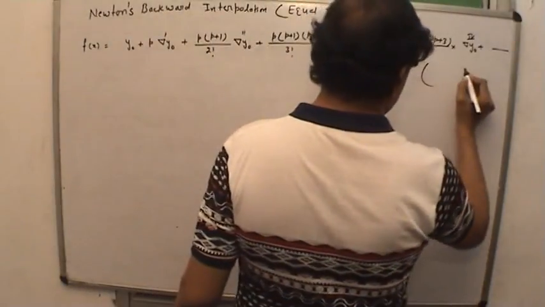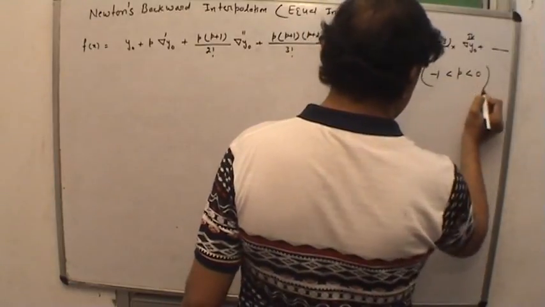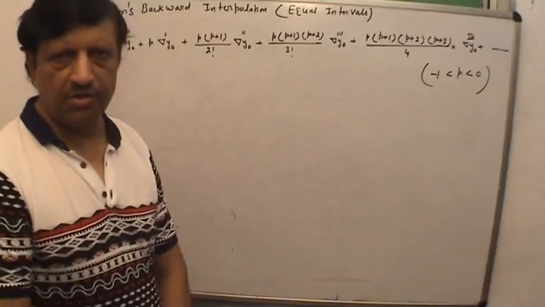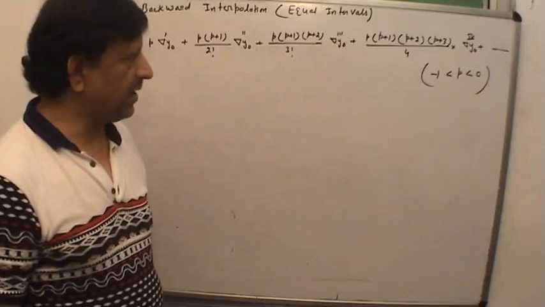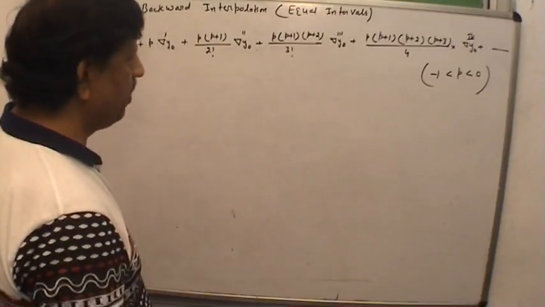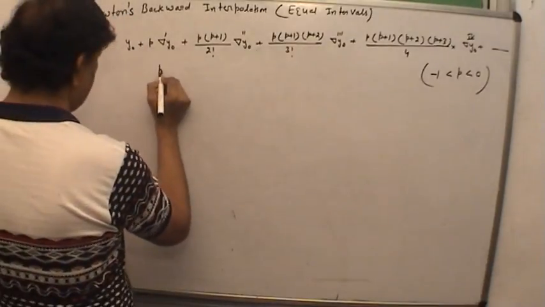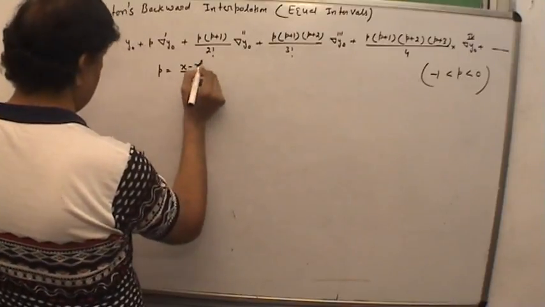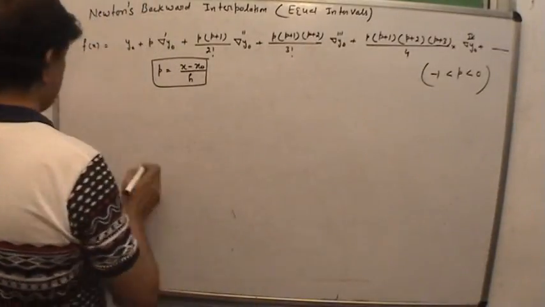Here again, the value of p is very important in deciding the initial values of the interpolating data. p must lie between -1 and 0, both excluded, and again p is equal to x minus x0 divided by h.